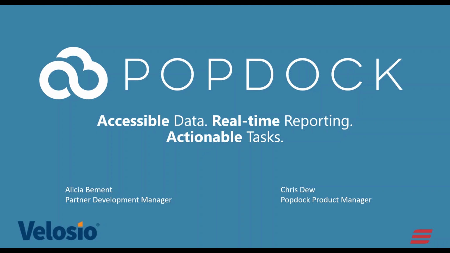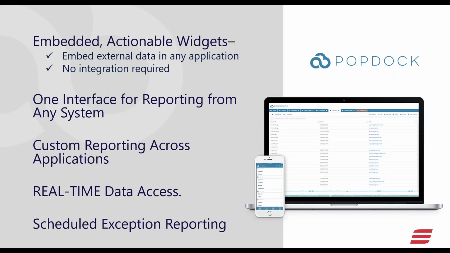So I want to take a minute to talk about 5 pillars that we have in Popdock, and we'll show these later in our demo and dive into 3 of them a bit deeper here in just a minute. The first is being able to embed an actionable widget. This just means that we can take data from one system and seed another system without actually needing to integrate the data.